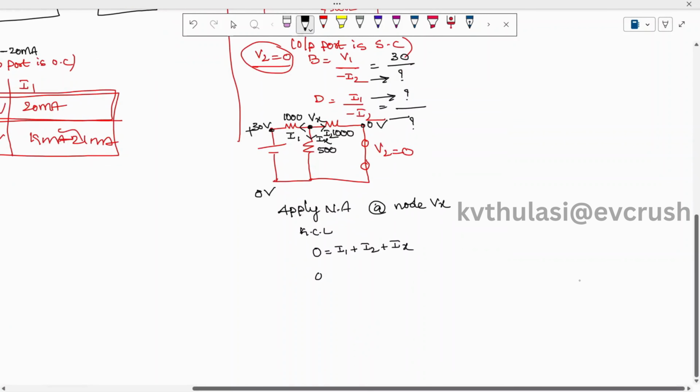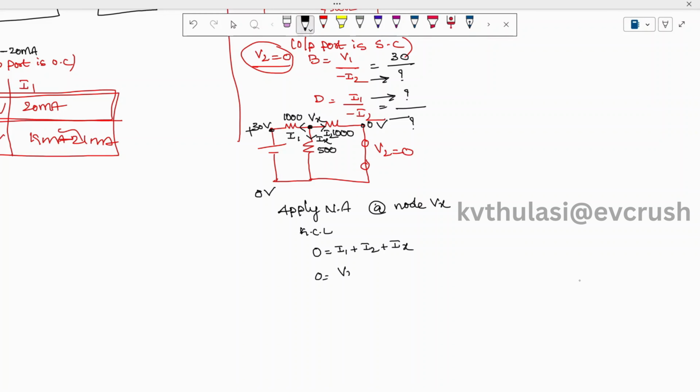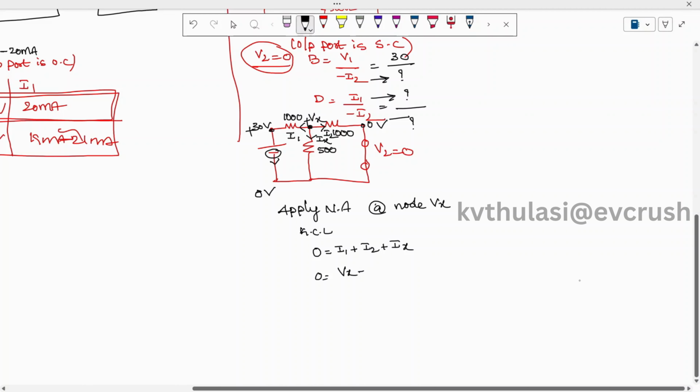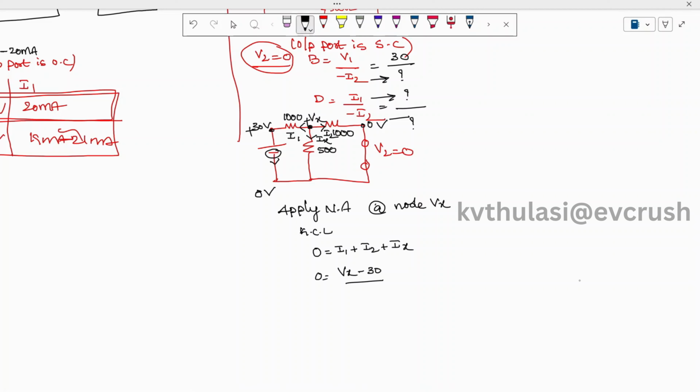So that is equal to, how to write I1? I1 I can write as Vx minus 30 divided by R, and the R value is 1000.